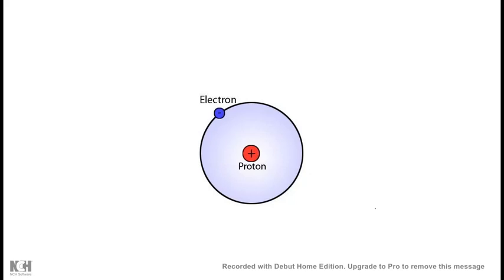And every time you add another proton, you get another element, and so on and so on. Add a proton and neutron, proton and neutron, you get another element, all the way through the periodic table of elements.